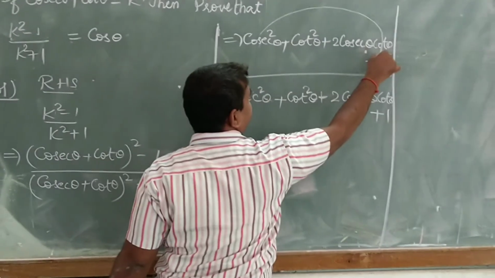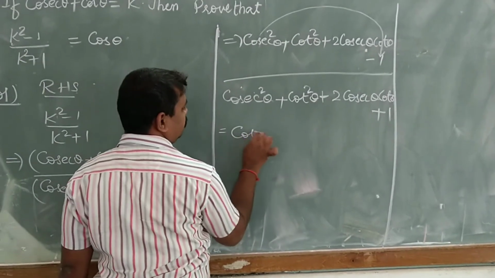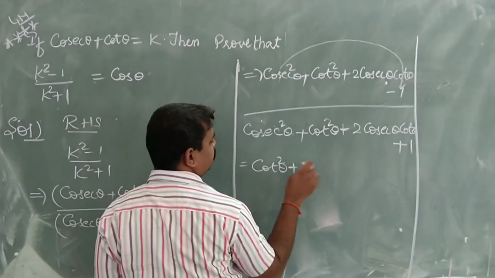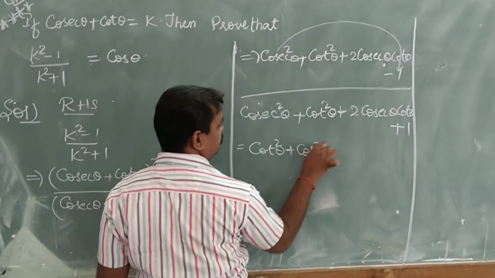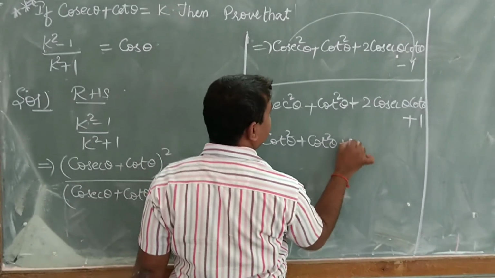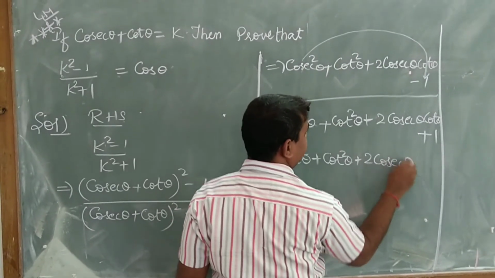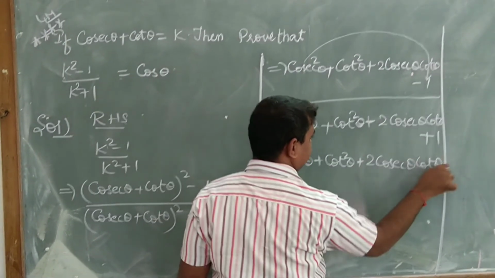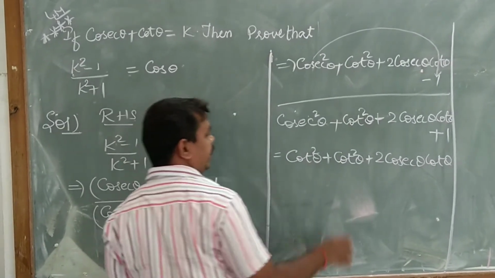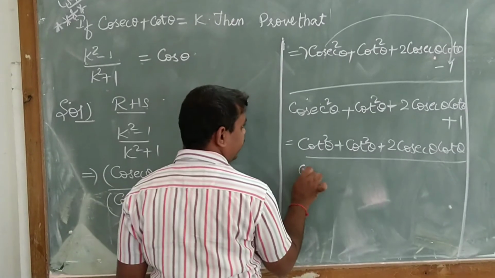Cosecant square theta minus 1 is what? Cot square theta, plus cot square theta plus 2 cosecant theta cot theta, by cosecant square theta.